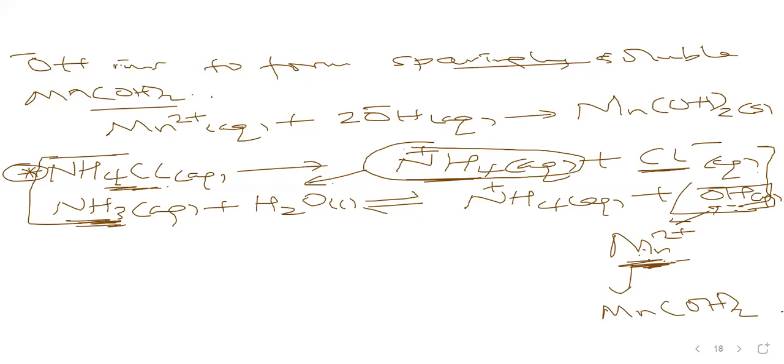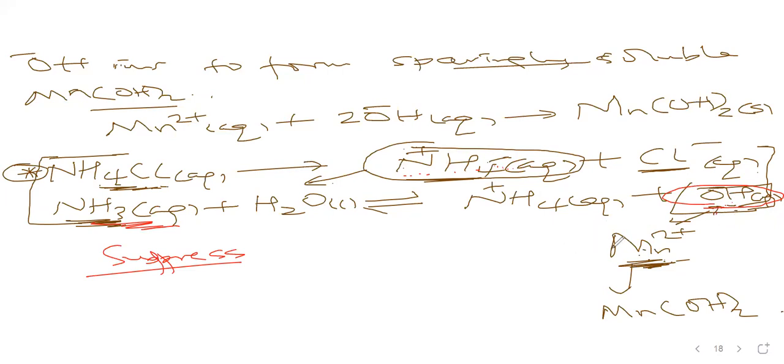Yes, teacher. So the ammonium chloride, being a strong electrolyte, completely ionizes to form ammonium ions and chloride ions. The ammonium ions from the salt suppress, that's the key point, the ionization of ammonia. The high concentration of ammonium ions from the strong electrolyte suppresses the ionization of ammonia, reducing the hydroxide ion concentration in the solution.